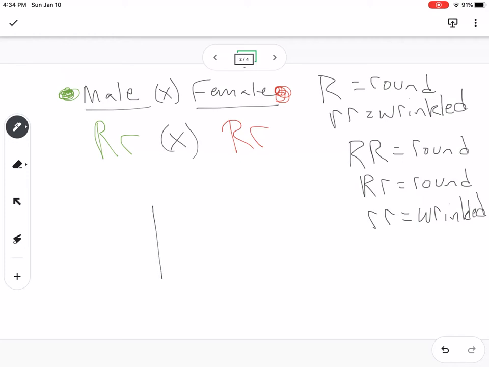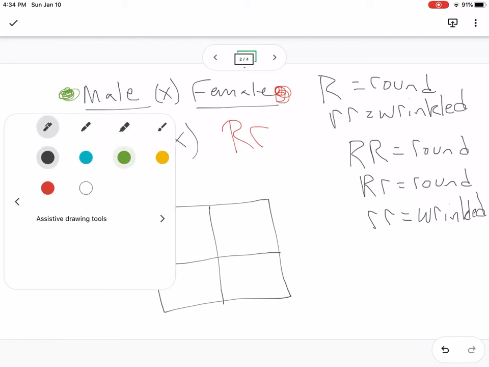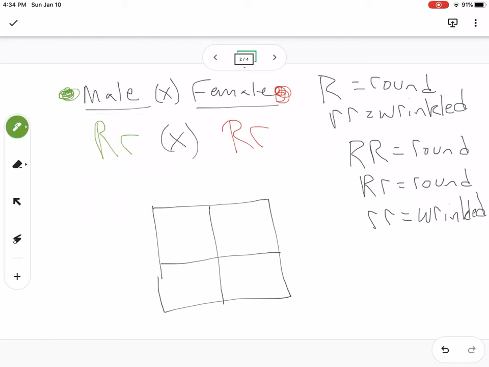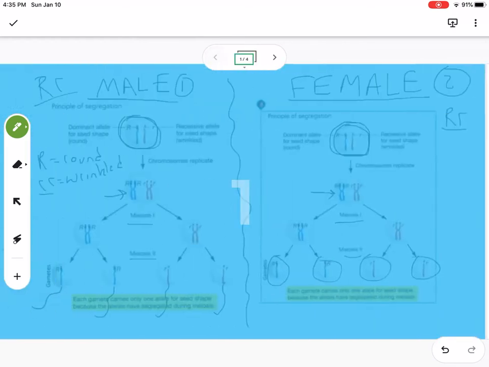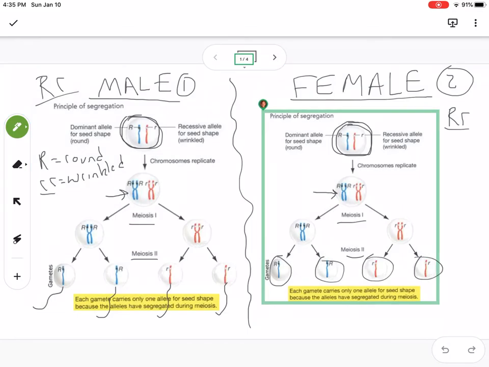What we do in a Punnett square is we try to figure out the probability, if they were to sexually reproduce, of what their offspring would be. The first thing we need to do, and it doesn't matter what order you do it in, is this: through meiosis, the male can either donate a big R in a sperm cell, or it could donate a little r in a sperm cell. If we go back to this picture, the male could either donate a big R or a little r.